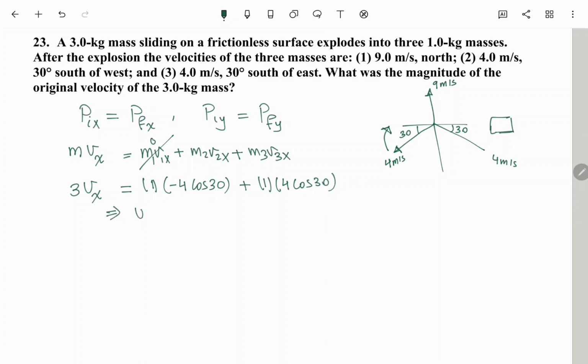And you do this, you will find Vx equal to 0.